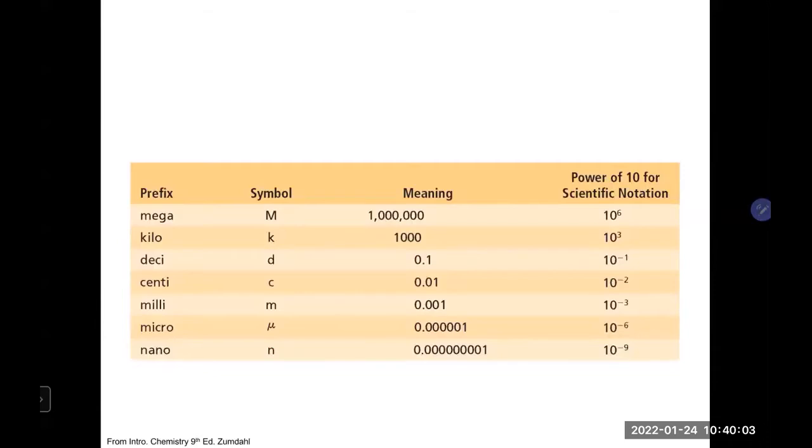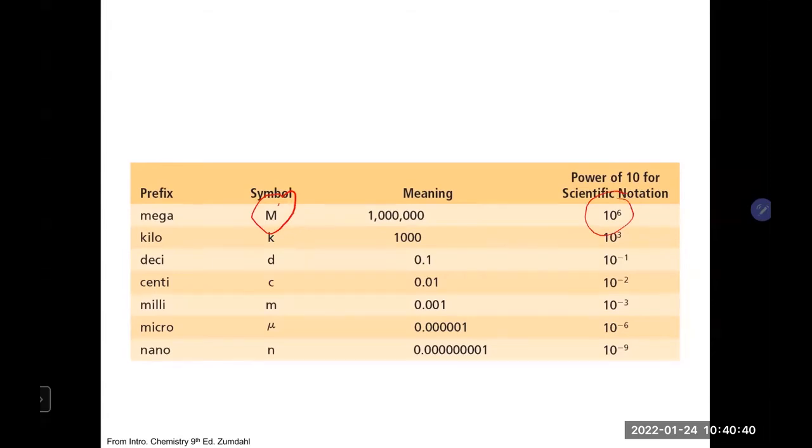Now, because the SI unit is based off of the metric system, a lot of times we will use metric prefixes. And this is a table of some of those prefixes. It is very common that people use these incorrectly. For example, people will look at a table such as this and go, okay, cool, mega is 10 to the 6, or basically 1 times 10 to the 6 in scientific notation.